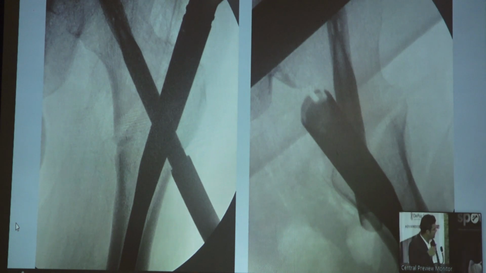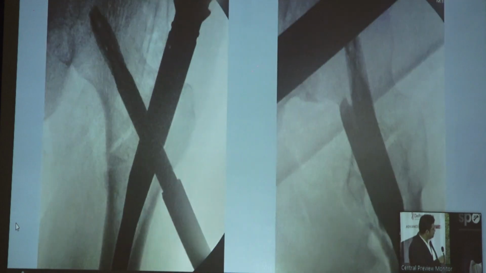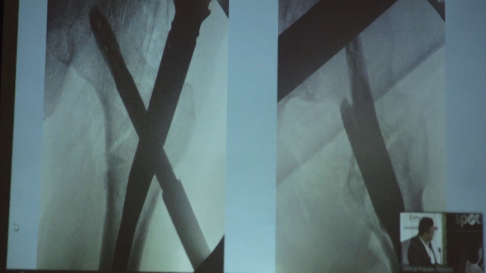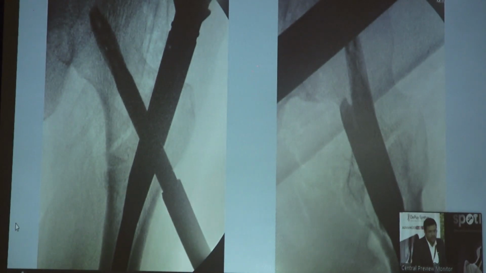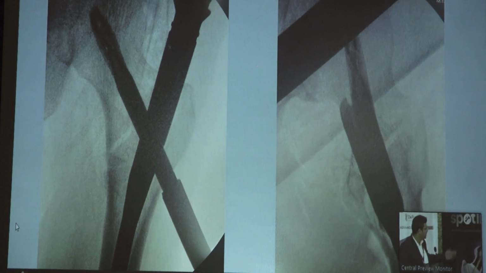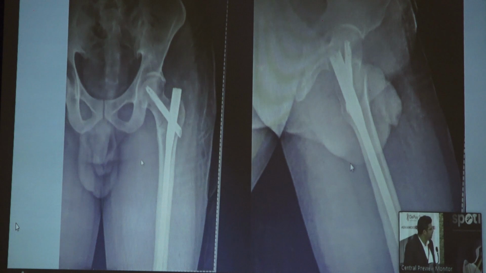So in the next slide, after the compression, we got the good reduction, and the bone quality was good. So I did not cement it, and it didn't need it also because the fracture was not unstable. So this is a post-op X-ray, and patient was walking from day 1.